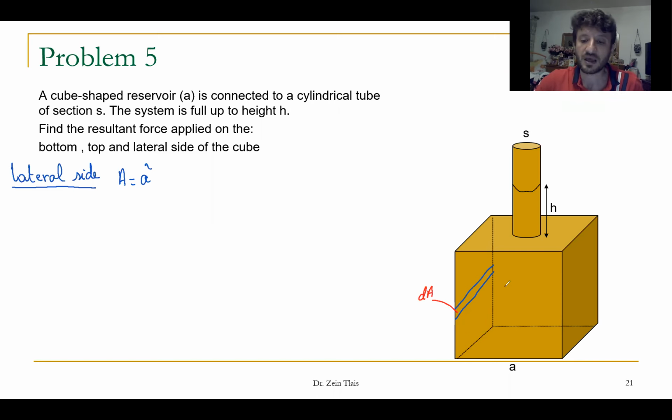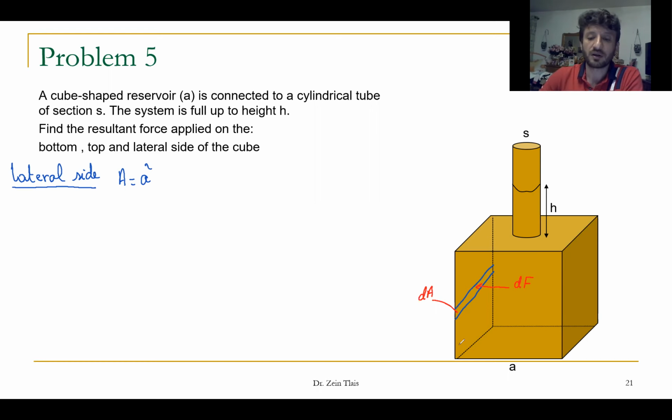And we have delta F applied on this one, because we have a small delta A and small delta F. And we have to calculate the total F, which we can get by the integration of delta F.